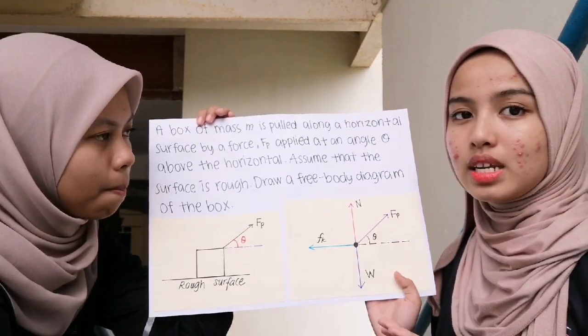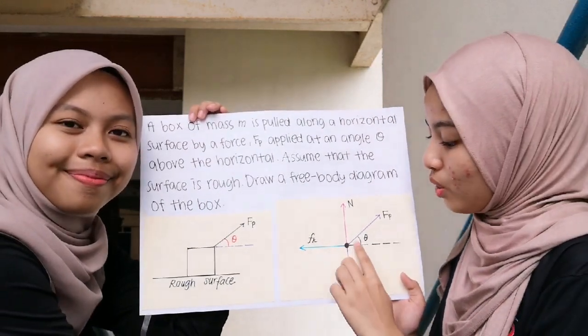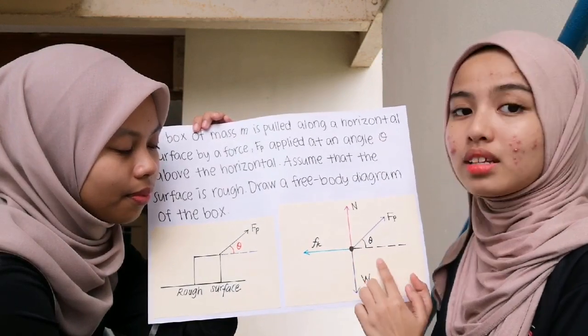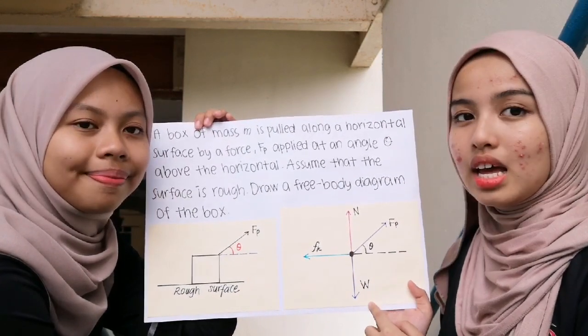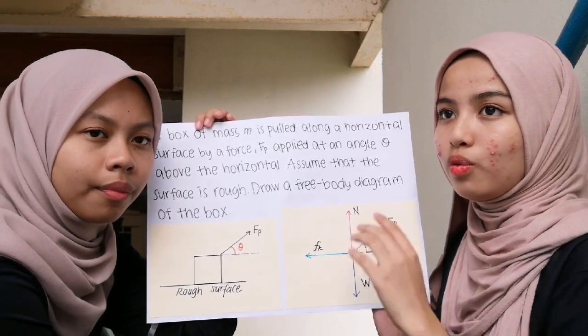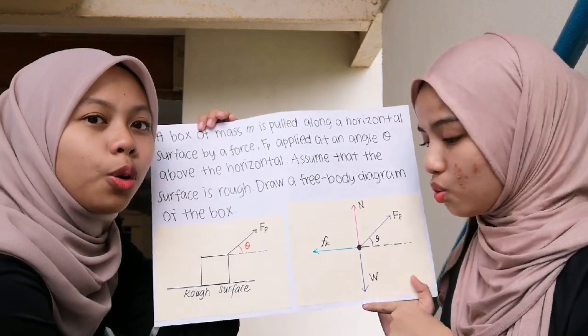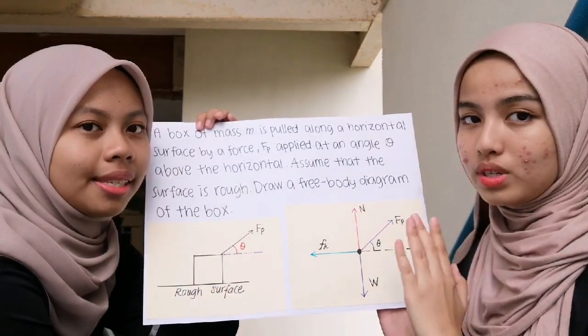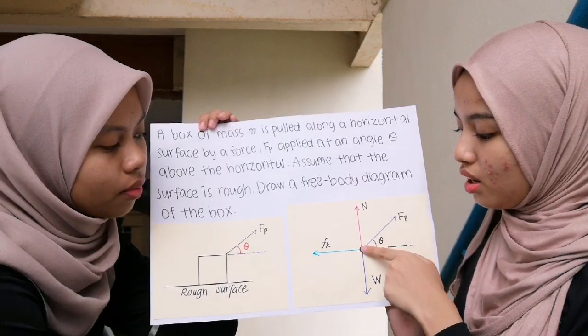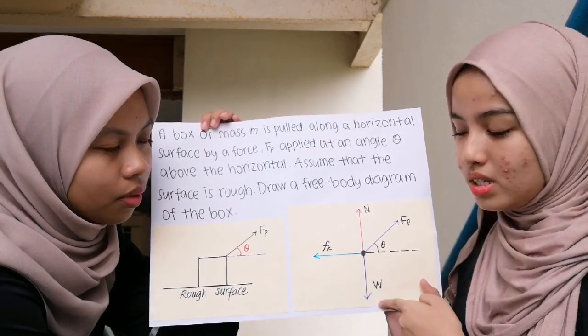Since the box has mass, there is a weight force acting on it. Always remember that the direction of the weight force is always downwards due to gravity, so we draw an arrow downwards like this.